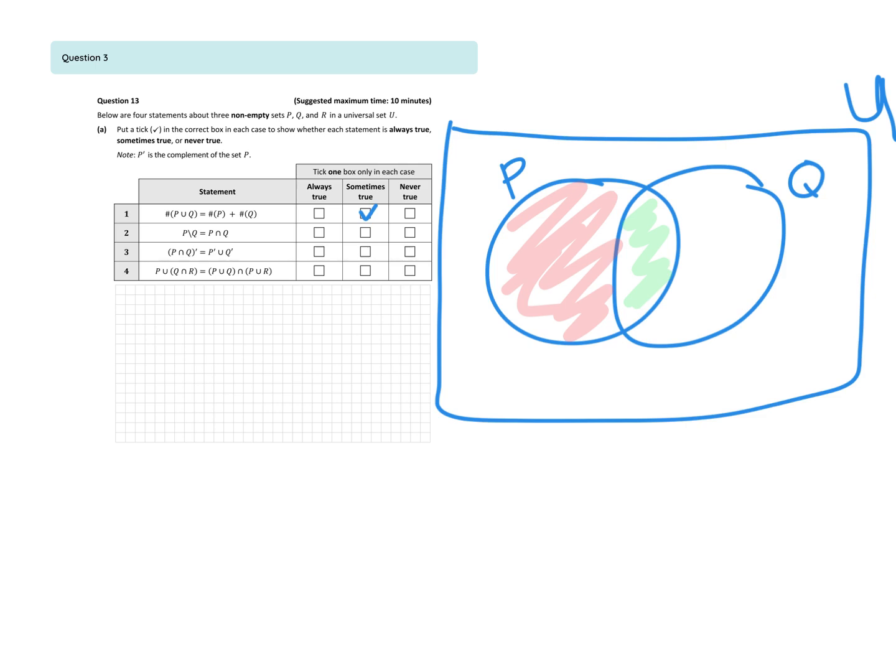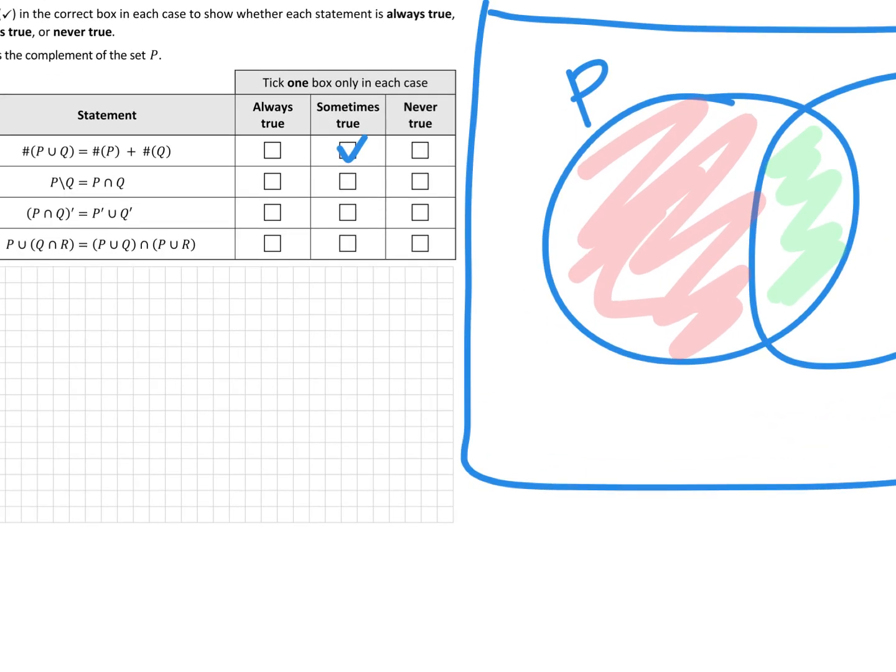Those are 2 very different sets. The only time that could be true is if this was an empty set and this was an empty set, because neither would have any elements, so they would both just be empty. But if there's stuff in here, it's different to what's out here. Now, I'm just checking the question, because it does actually say here they have to be non-empty sets. So in that case, this could never be true.